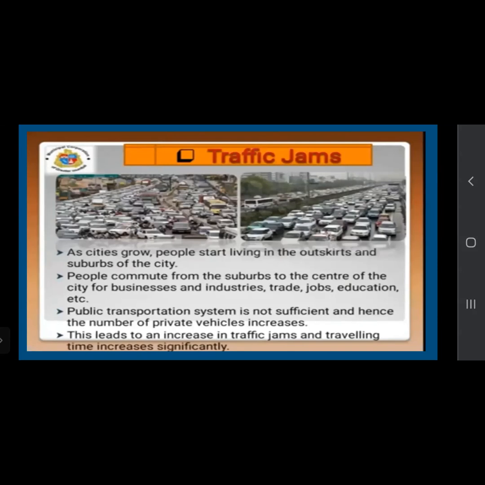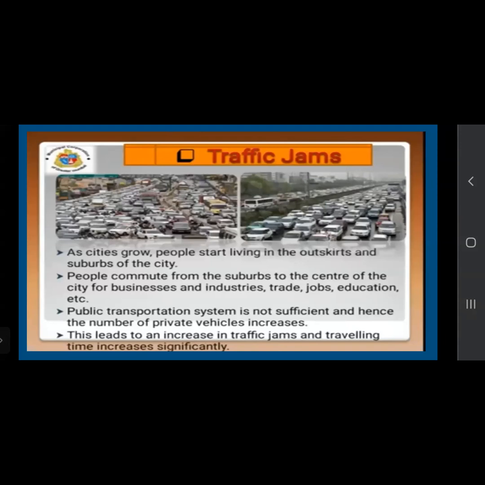People commute from the suburbs to the center of the city for business, industries, trade, jobs, education, etc. So people are staying in very remote places far from the cities, but for work, business, industries, trade, or education, they have to travel from that place to the main center of the city.